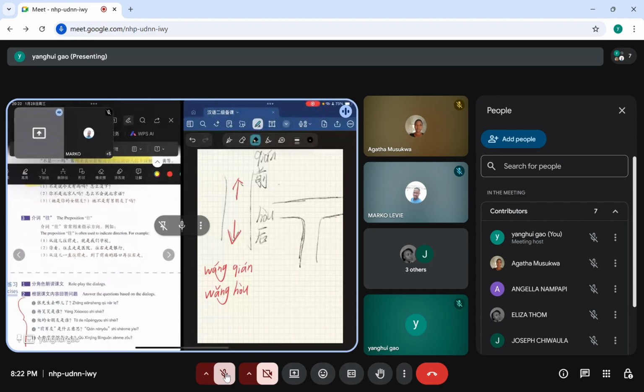And let's see this one. Okay, so that's 左 and 右. So now if you drive the car and you turn this way, that's 往左. Now if you turn this way, that's 往右.